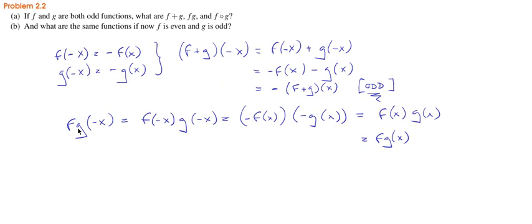When a function has the same value when the argument is x and minus x, we say that this function is even. So the product is even.